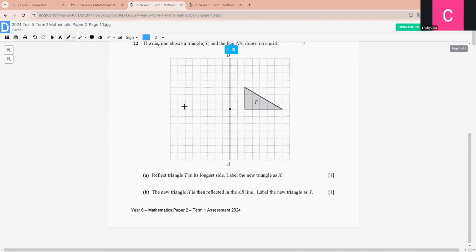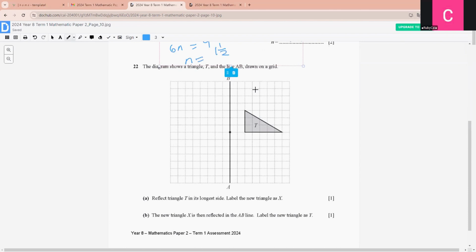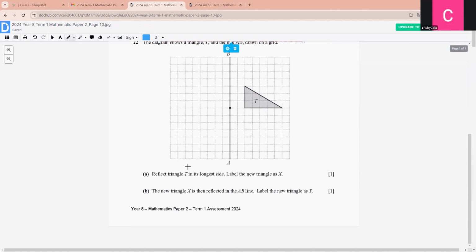Next question, the diagram shows the triangle T and the line AB drawn on a grid. Reflect triangle T in its longest side. Label the new triangle as X. So the longest side of this triangle is this part.